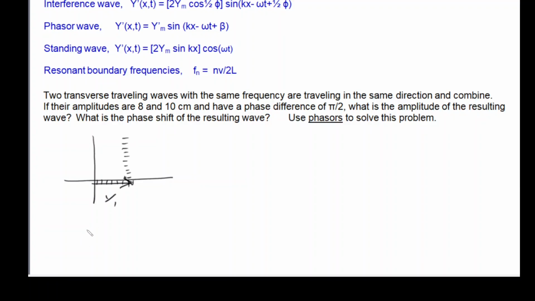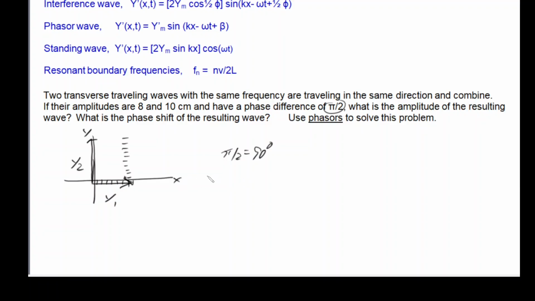Okay, but now look, it says the phase difference is pi over 2. So pi over 2 is equal to 90 degrees. So the two waves are 90 degrees apart. So actually, wave 2 would be up here, tail to tail, where this is x and this is y.